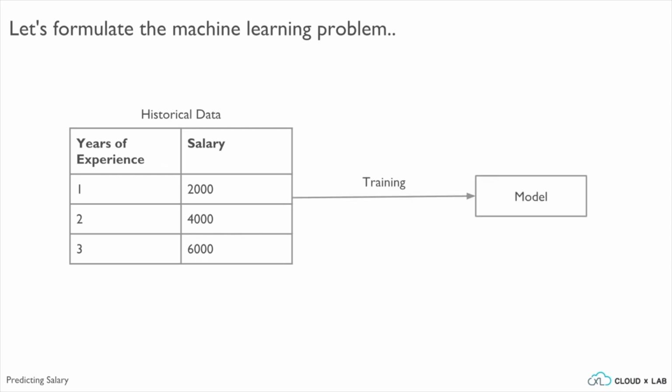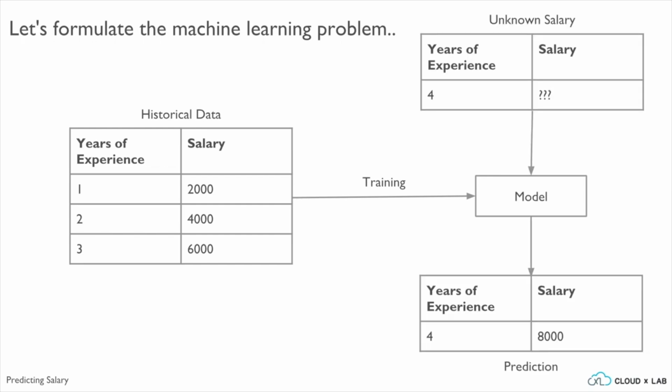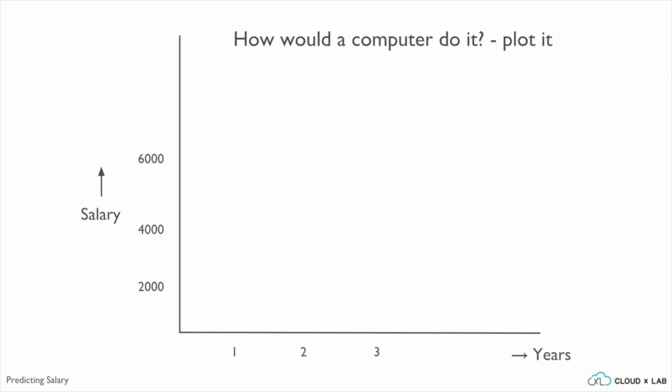We would want to train a model such that the model can predict the salary for the fourth year. Here, the model has predicted the salary for 4 years of experience as 8000. Now let us understand what goes into training it.